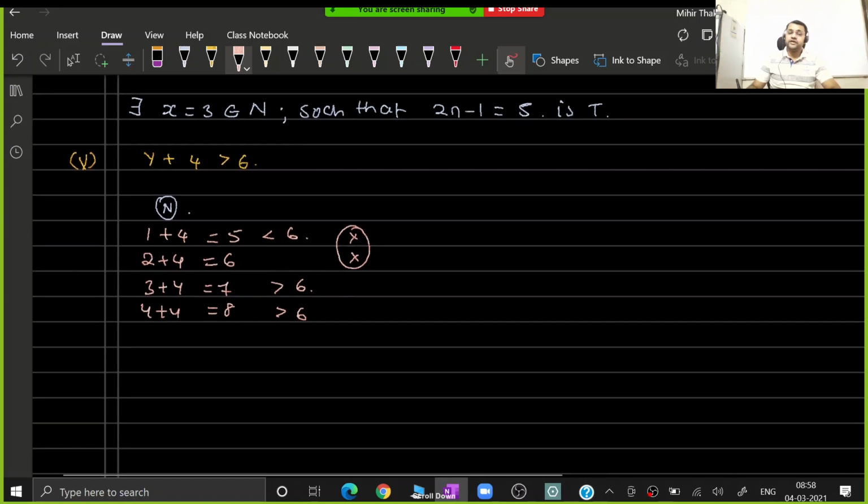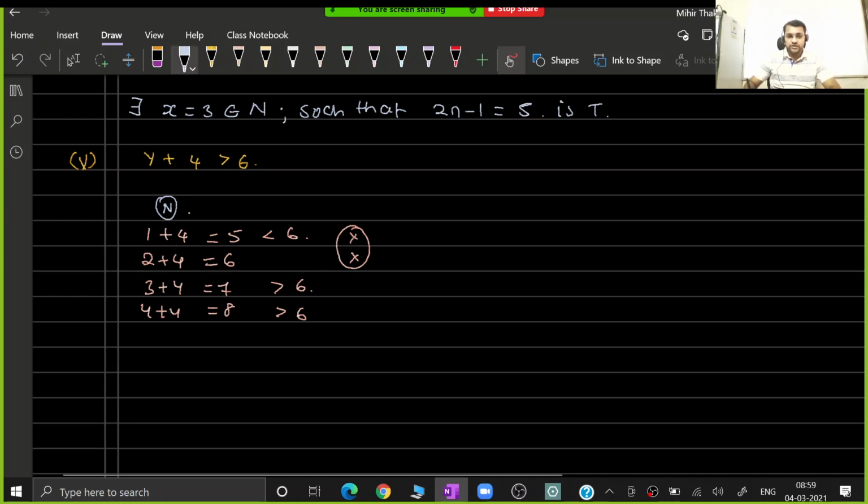So if there are a few values which do not satisfy the condition and all the remaining satisfy it, we cannot use the universal quantifier. For the universal quantifier, all natural numbers must satisfy this condition. 1 and 2 are the natural numbers which do not satisfy this particular condition.